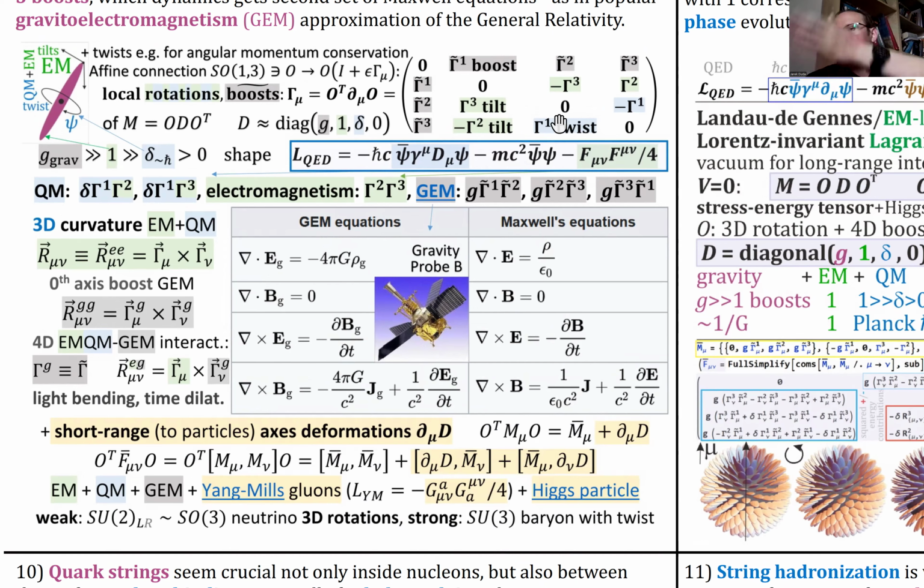From tilts we get electromagnetism, from twists we get quantum mechanics, and from boosts, which are very unlikely, so the cost is very high to make a boost, which leads to a kind of local space curvature. So space-time can be flat here. And from these boost dynamics, you can get the second set of Maxwell equations, which agree with gravito-electromagnetism.